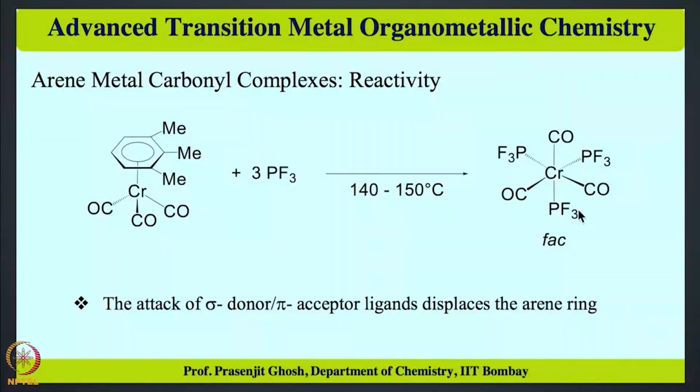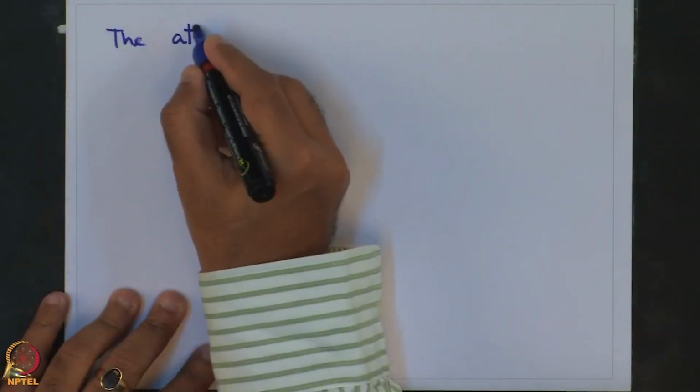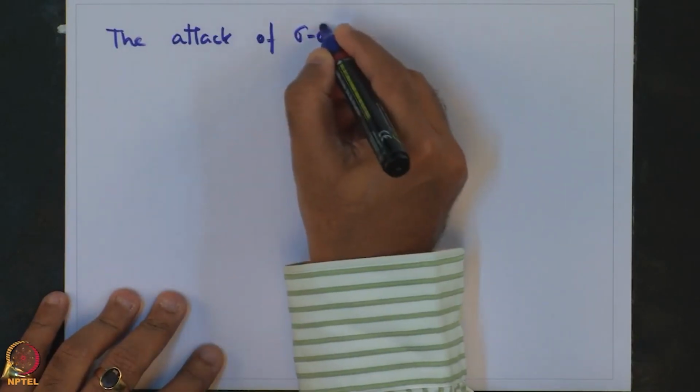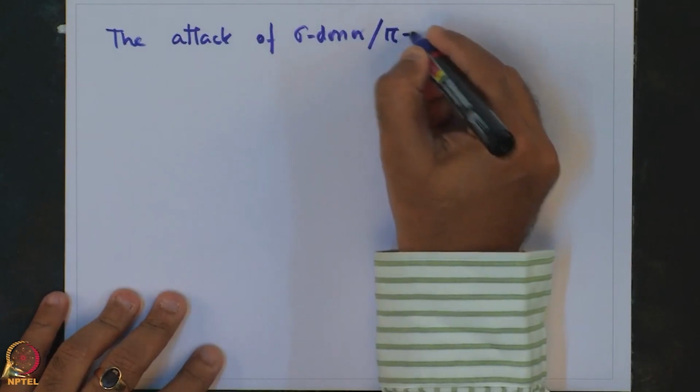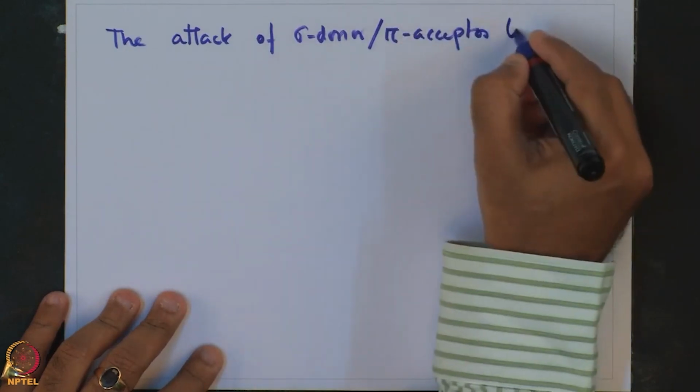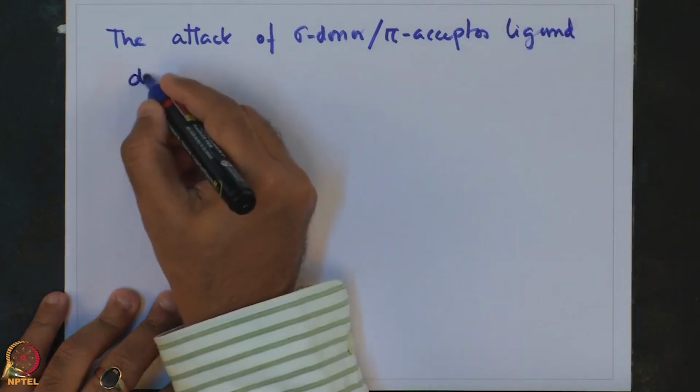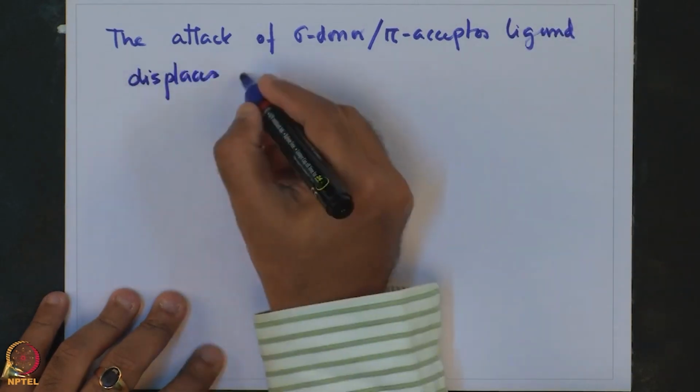Another interesting example involves the reaction of trimethylbenzene with chromium tricarbonyl, and the beauty about this reaction is that the attack of sigma donor pi acceptor ligands displaces the arene ring.